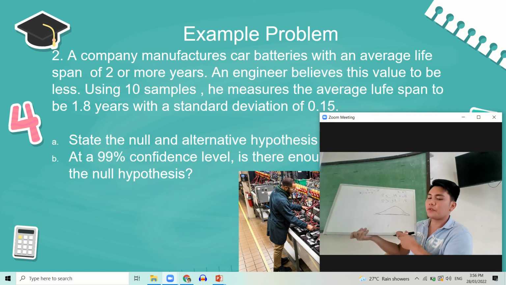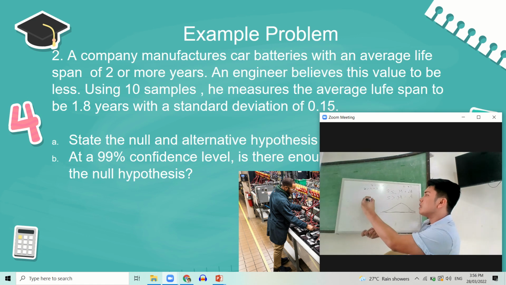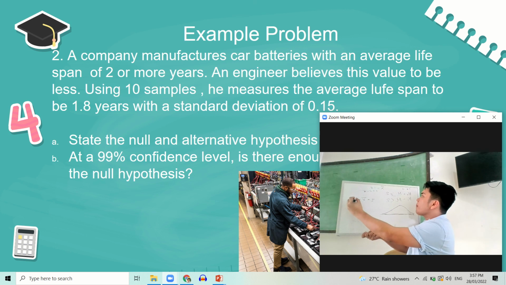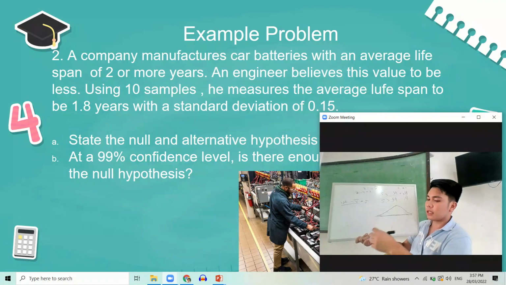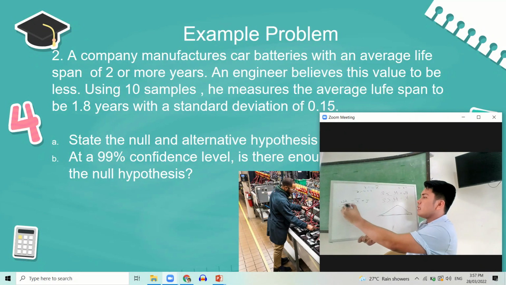So the formula for finding the t distribution is t is equal to the suggested average for the alternative hypothesis minus the suggested average for the null hypothesis, which is 2, divided by s over the square root of n.